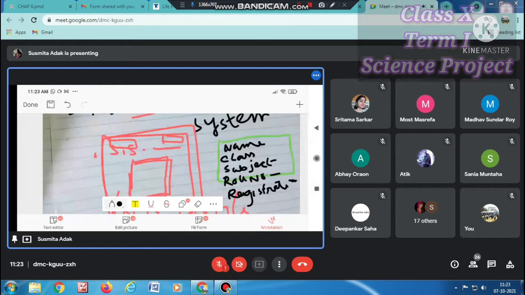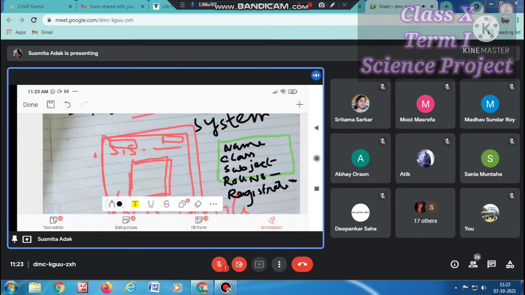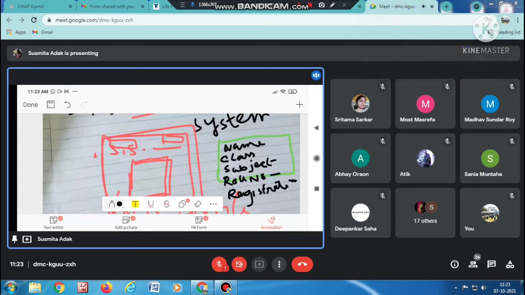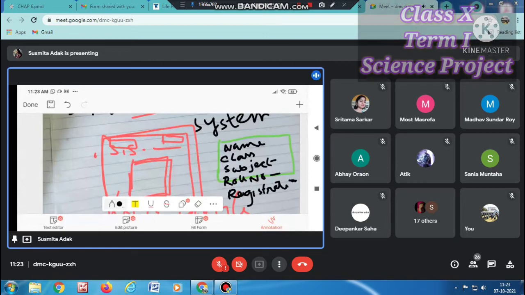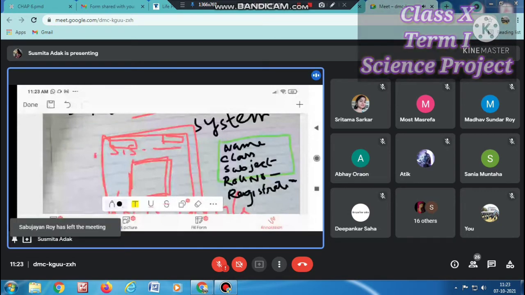Whenever you get the roll number you will write it down. I think after Puja vacation, CBSE will give the roll number. You will keep the roll number area blank. After the admit card comes, then you will write down the roll number.